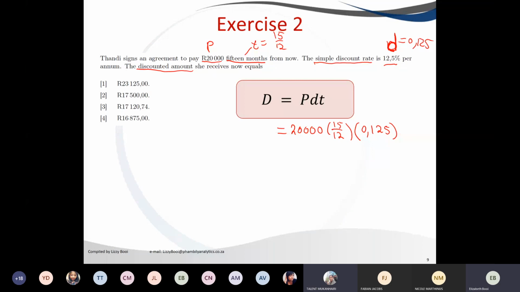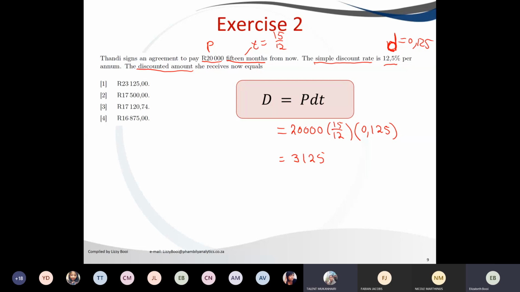Here, what I actually do, I just use my calculator there. I didn't go step by step. Is it fine? I can give you what I got. I got 3,125, because 20,000 times 15 over 12 times 0.125 will give you 3,125, and that is your discount amount.